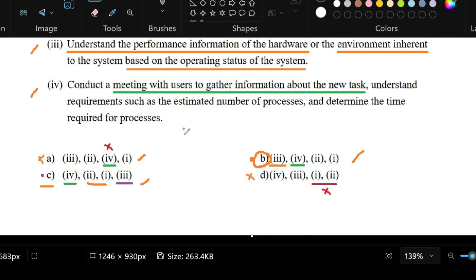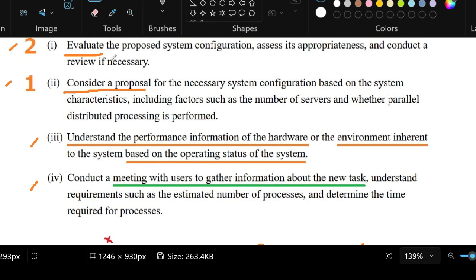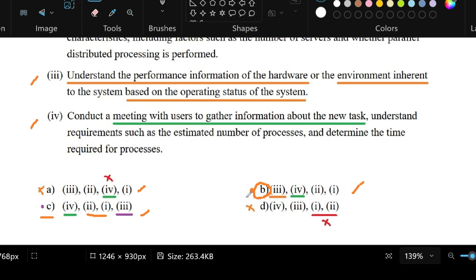And then that's when we conduct a meeting with the users, as we can see here, to gather information about the new task, understand requirements such as the estimated number of processes, and determine the time required for the processes. Afterwards, we consider a proposal and then evaluate the proposal. So the correct answer is B.